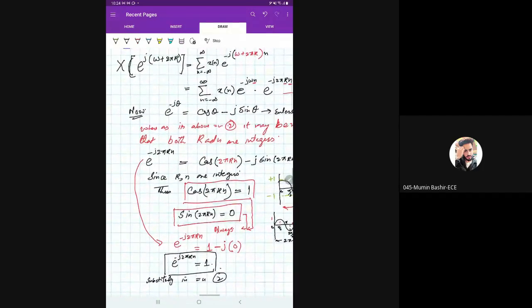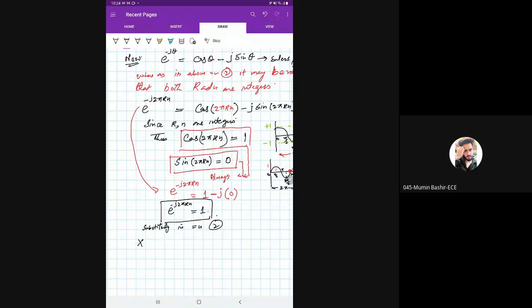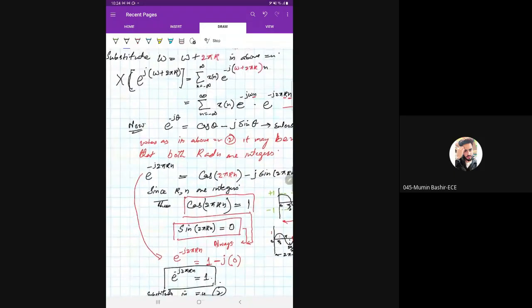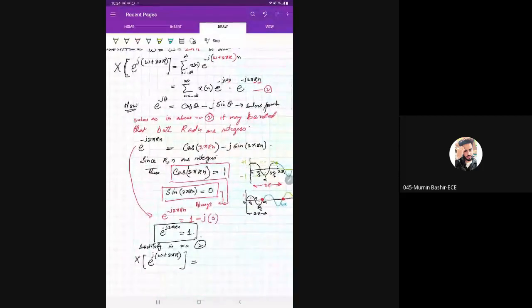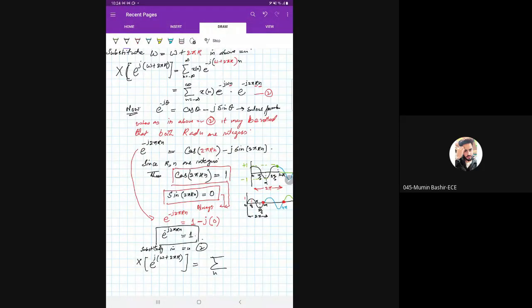So if we substitute in equation 2, then we will have x of e raised power j omega plus 2 pi k, that is equal to now summation of n equal to minus infinity to plus infinity x of n from equation 2, e raised to power minus j omega n into 1 into 1.